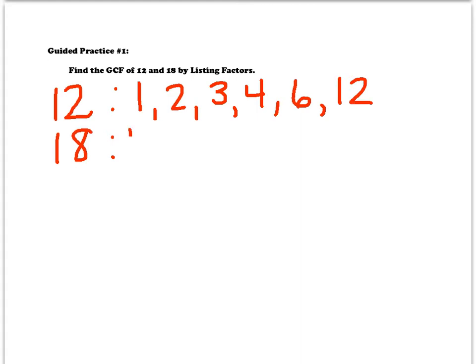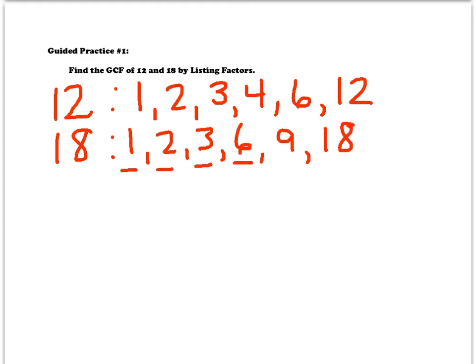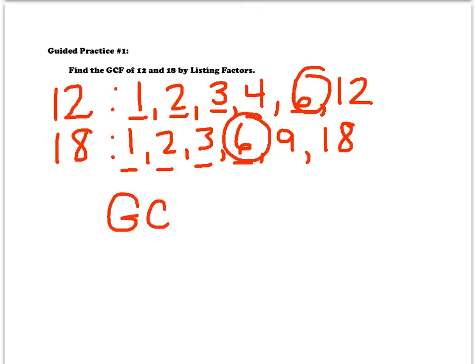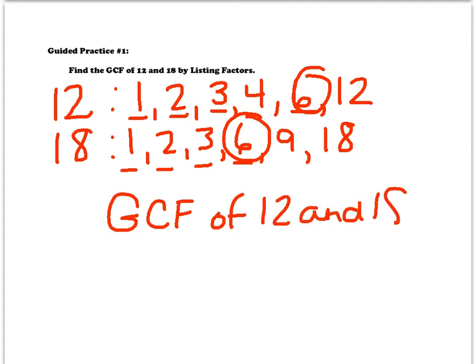The factors of 18 are 1, 2, 3, 6, 9, and 18. The common factors of 12 and 18 are 1, 2, 3, and 6. So they have 4 actual factors in common. But the greatest common factor of the two is 6. So the GCF of 12 and 18 is 6.